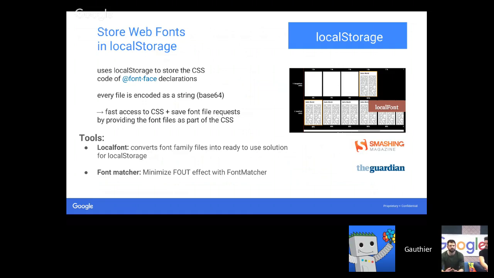We're going to go into this idea of flash of unstyled text in much more depth, but here are just a couple of pointers. Aim to leverage local storage to, number one, get the font files really quickly, because there's fast access to them through CSS, and to save the file request, especially for future visits, given that we have them sitting in local storage.